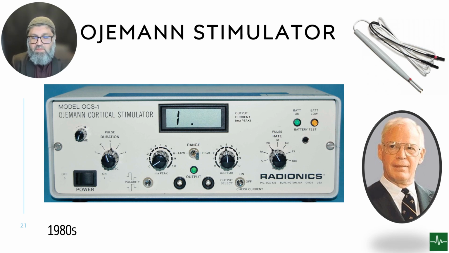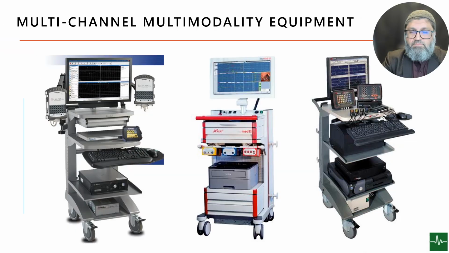It comes with a probe which, according to the manufacturer, should be used only a limited number of times, but it has been used for a very long time. We use different parameters. It's a low current stimulation. The maximum current you can go on this machine is 20 milliamperes. Now we have different machines which can easily go to 32 channels, and sometimes more, maybe 70 or 100 channels.